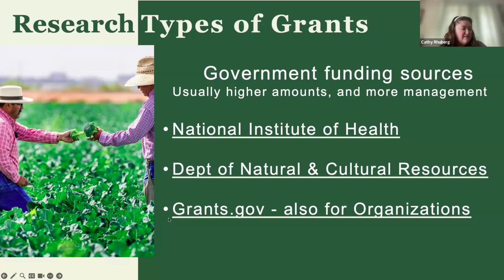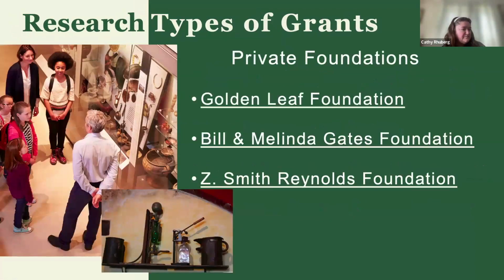Each of these links, you'll see here, the National Institute of Health is one organization, Department of Natural and Cultural Resources, grants.gov. Not only do they have grants for municipalities, you can also find organizations and other types. But the slide deck will be on our Knowledge Center, and you'll have these links in there as well to go through.